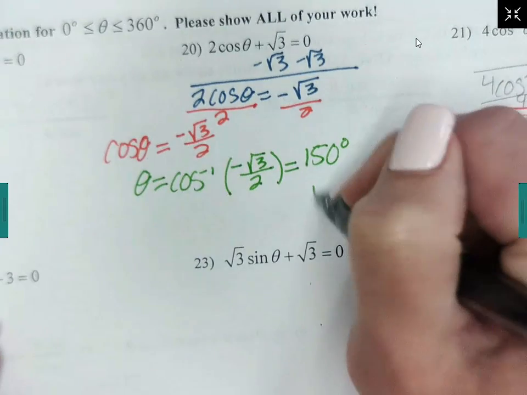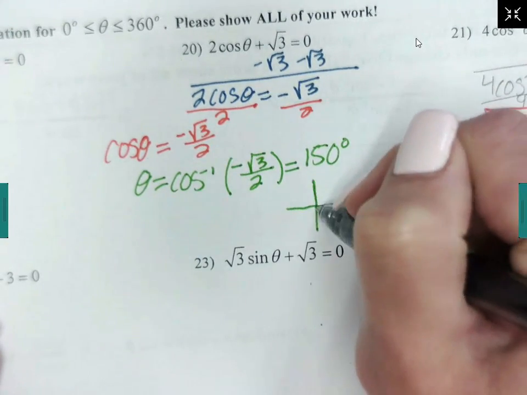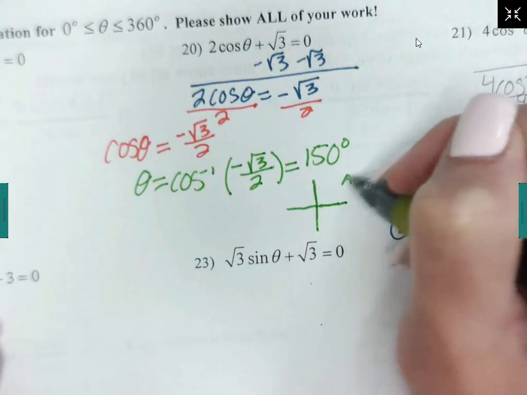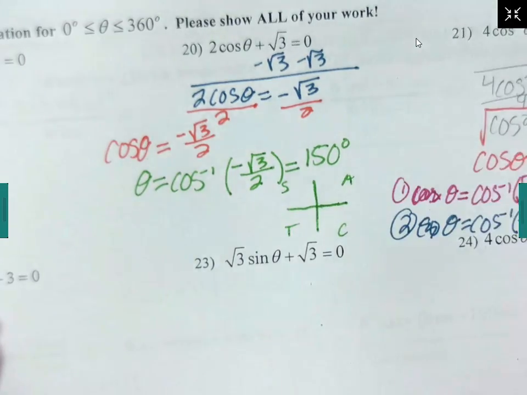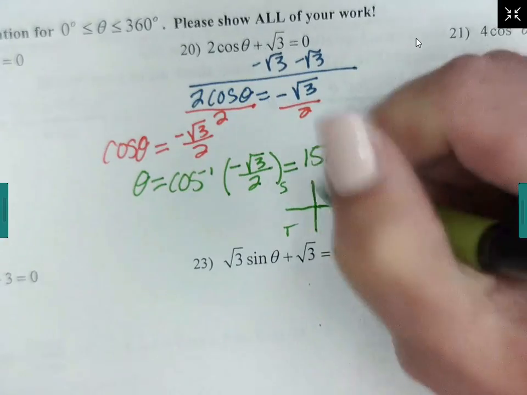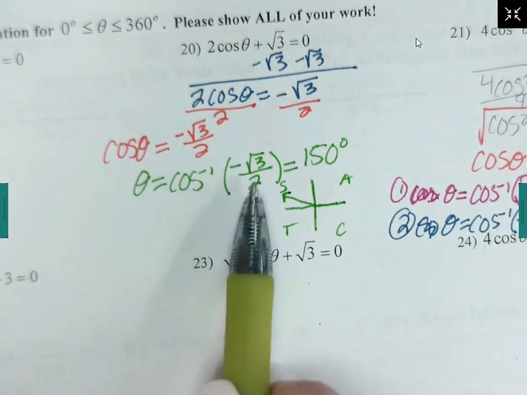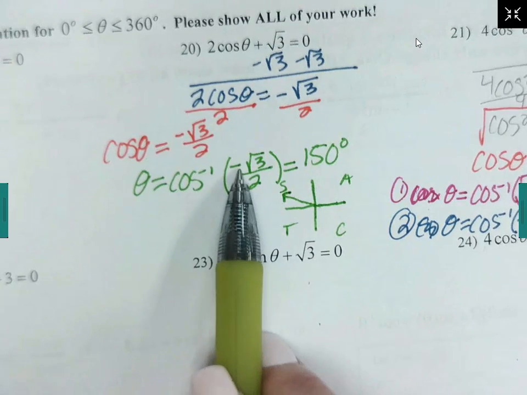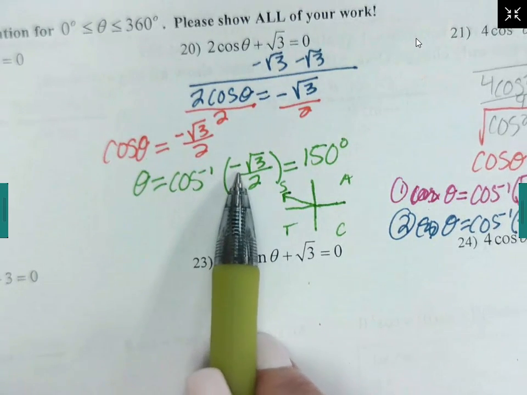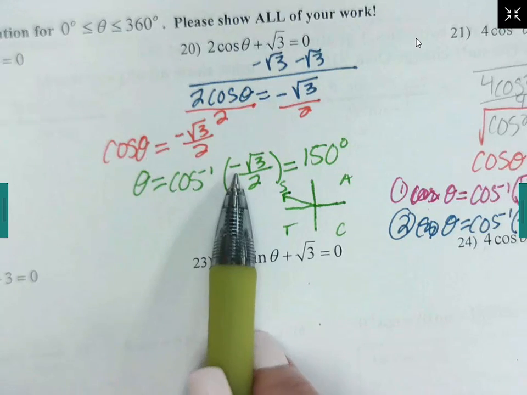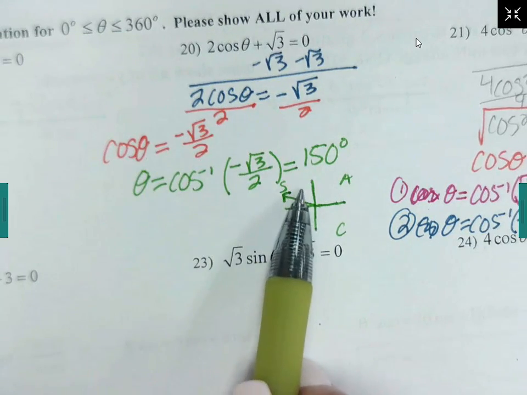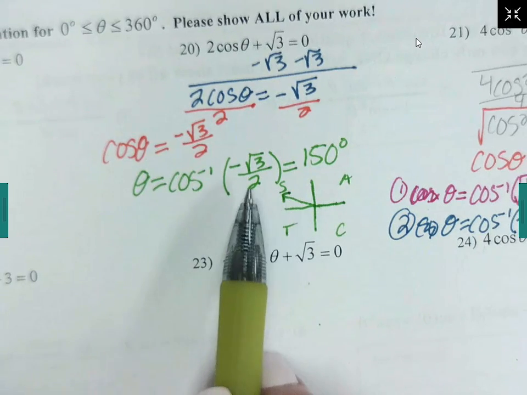So when we graph our angle, we know that all students take calculus. 150 degrees is going to be about right here. Okay, and we see that our cosine is negative because there's a negative here. This is how we know whether it's positive or negative. And since this is negative, we need to find out what other quadrant other than the second quadrant the cosine is negative.